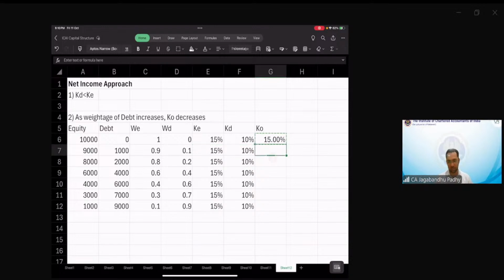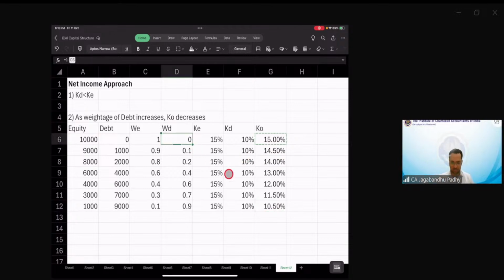First case, it is 14.5%. What about the next case? It's 14%, then it's 13%, then it's 12%, then it's 11.5%, then it's 10.5%. So any pattern do you see? Look at the weightage of debt and the overall cost of capital.